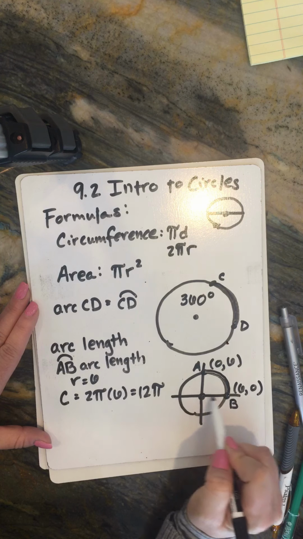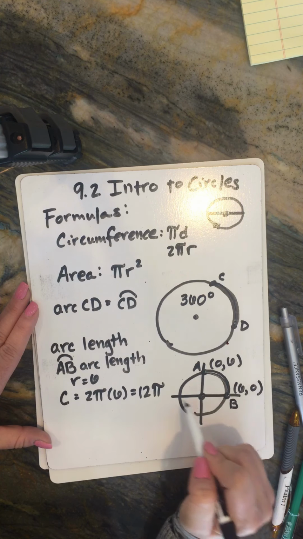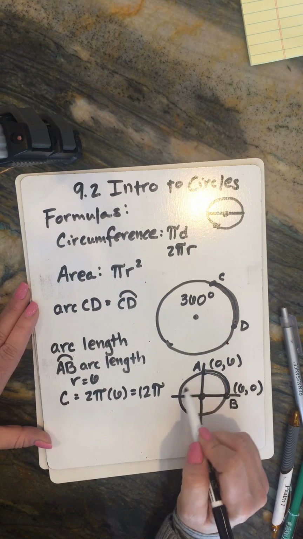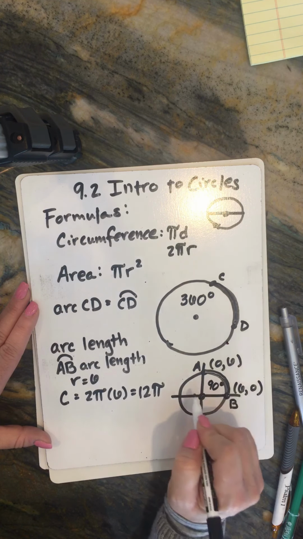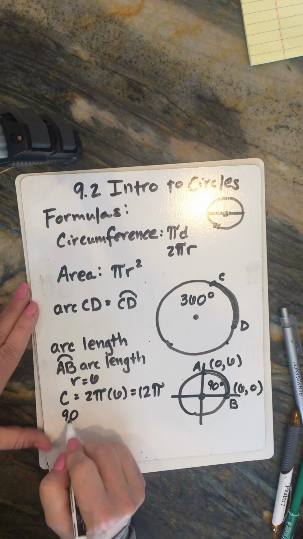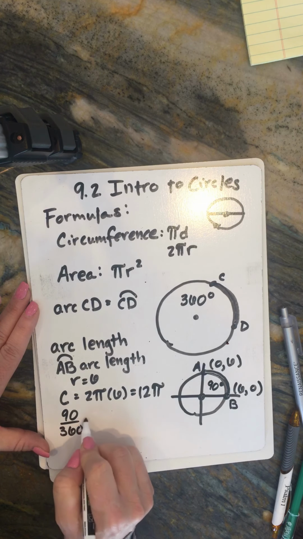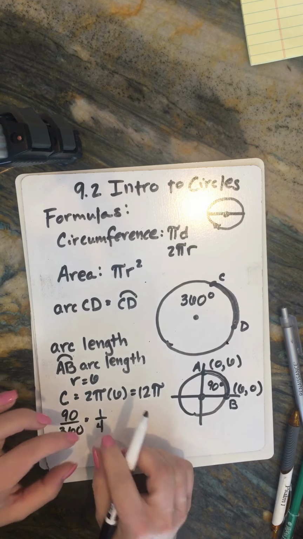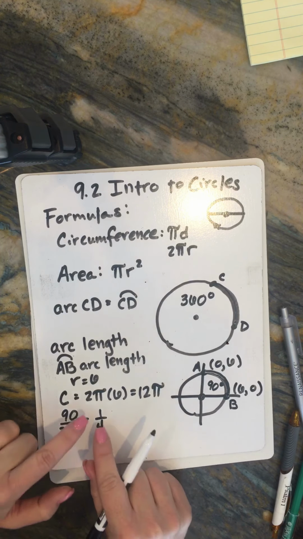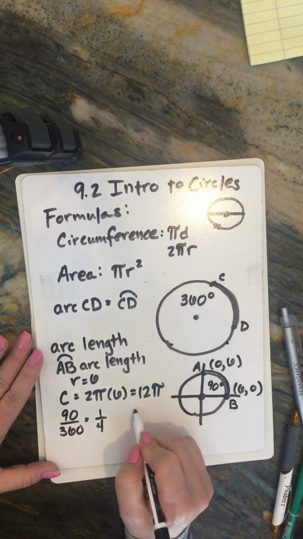Take a look at this circle. It's been broken into quarters, right? If there are 360 degrees, each one gets 90 degrees, so 90 out of 360 better be 1/4, right? So we want this ratio of the circumference. We want a quarter of the circumference.